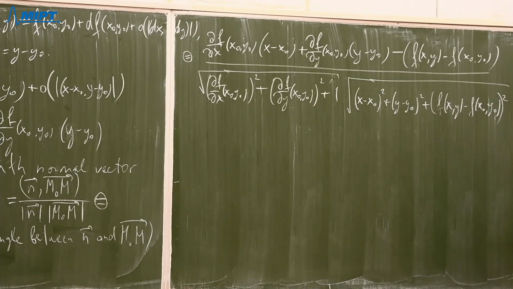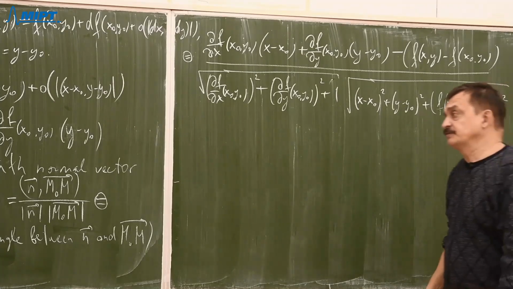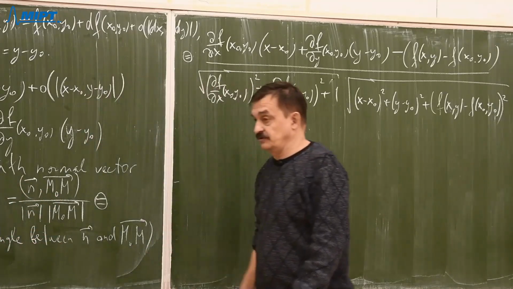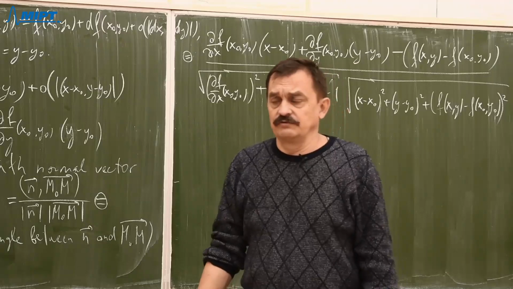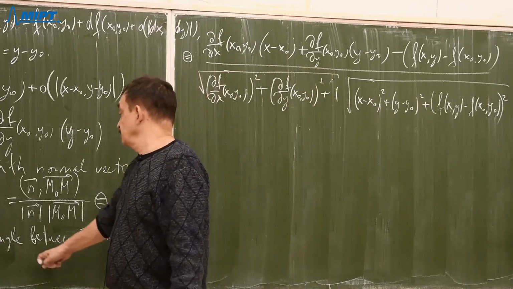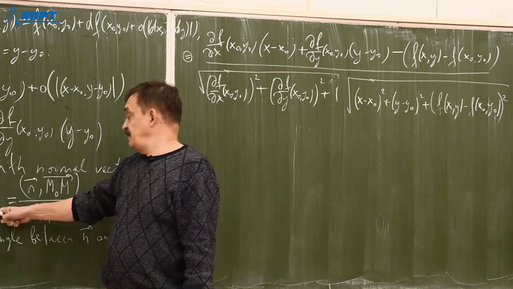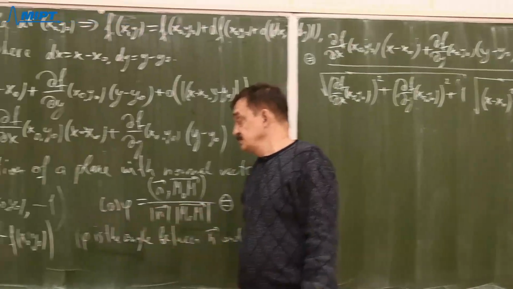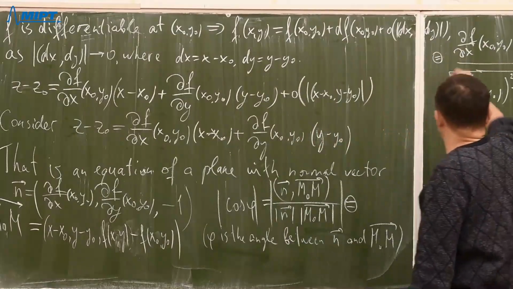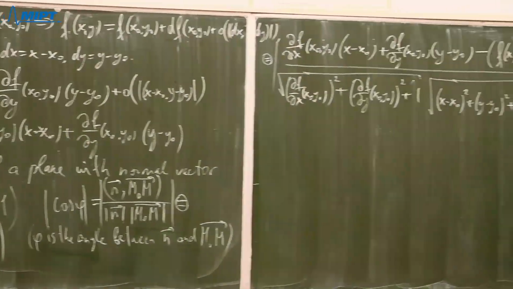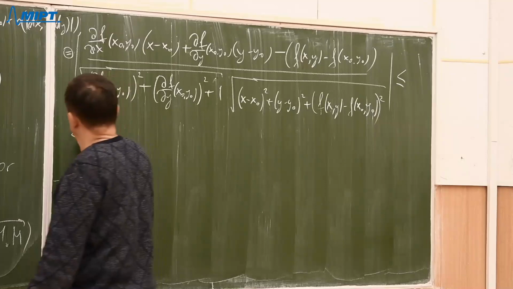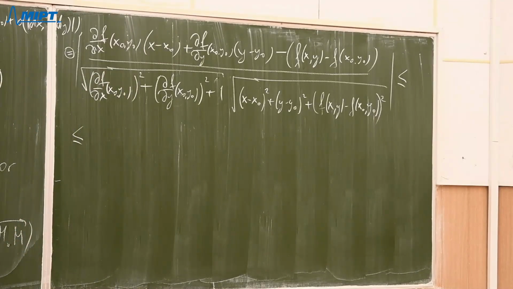That is this cosine. Okay, I want to prove that this angle phi tends to pi over 2, sorry. We want to prove that n is orthogonal to the limit position. If the angle tends to pi over 2, then cosine phi tends to 0. So it means that I want to prove that this cosine in modulus tends to 0. So I should estimate it somehow to show that it tends to 0.